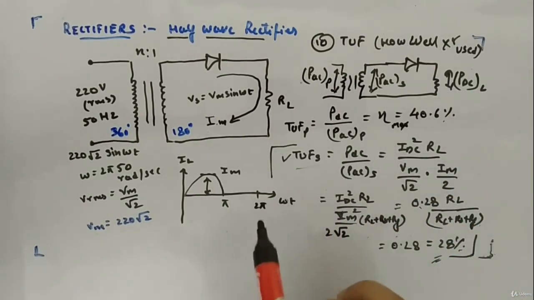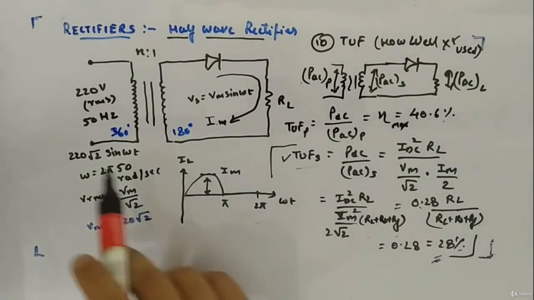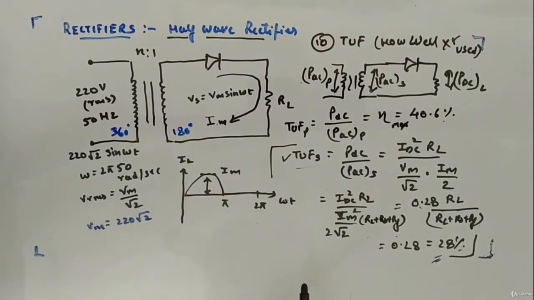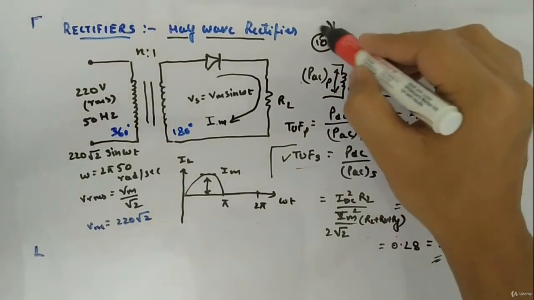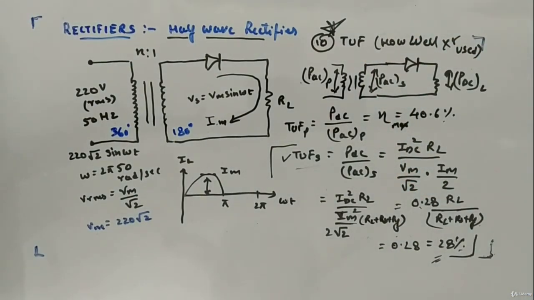We will take it in a full wave rectifier because of the same phases, but I don't think that is the best explanation, to be frank. So please make a star mark of this. You have to look for multiple sources for this transformer utilization factor. Okay, and now we will move on to the full wave rectifier.